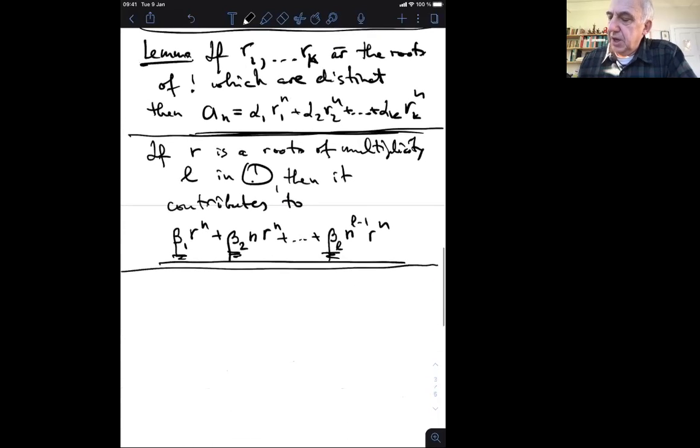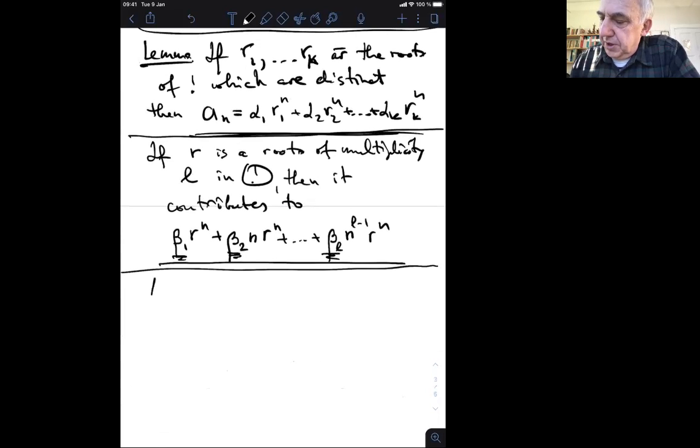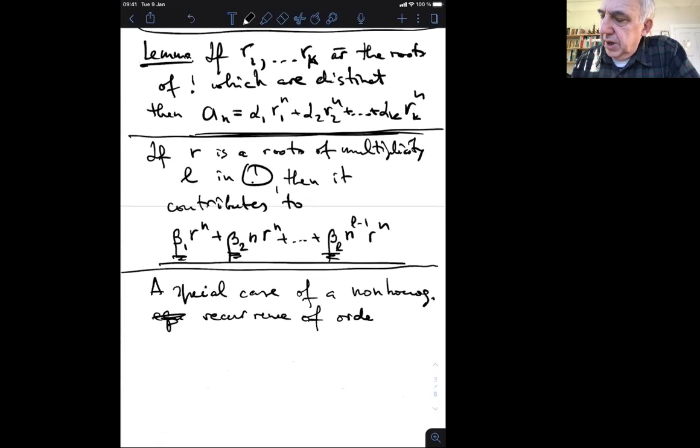Let me rewrite this again. So, a special case of a non-homogeneous equation or recurrence of order 1 is, so we have a n minus q a n minus 1 equals some rho power n with some constant alpha.